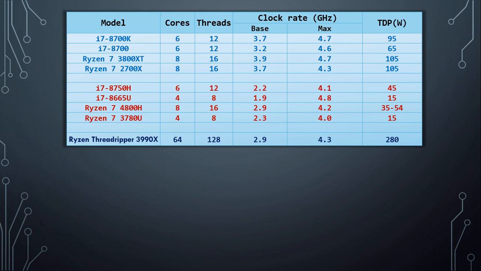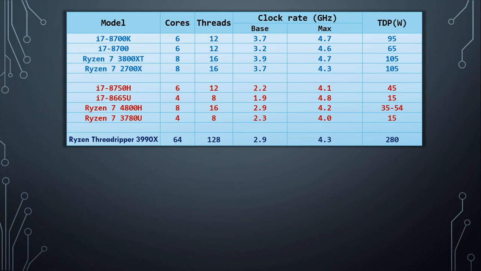Here you can see the top 4 rows, in blue color, represent the desktop processors, and the next segment of processors, in red color, are known as the laptop or mobile processors. For desktop processors you can see the Intel processors have a bit less TDP.